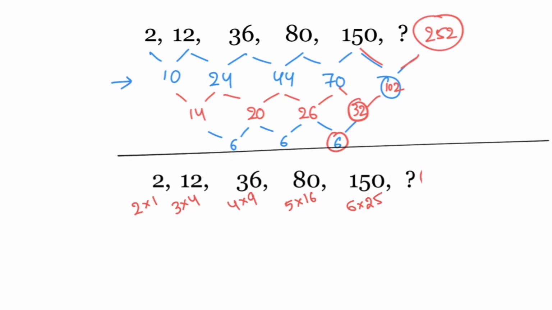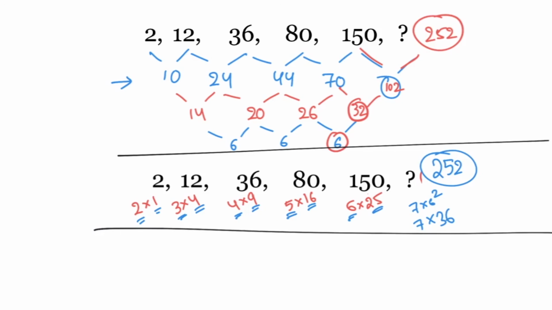And they have a pattern. 2 into 1 square, 3 into 2 square, 4 into 3 square, 5 into 4 square, 6 into 5 square, 7 into 6 square. 7 into 36 is 252. 252 is the missing term. Answer is 252.